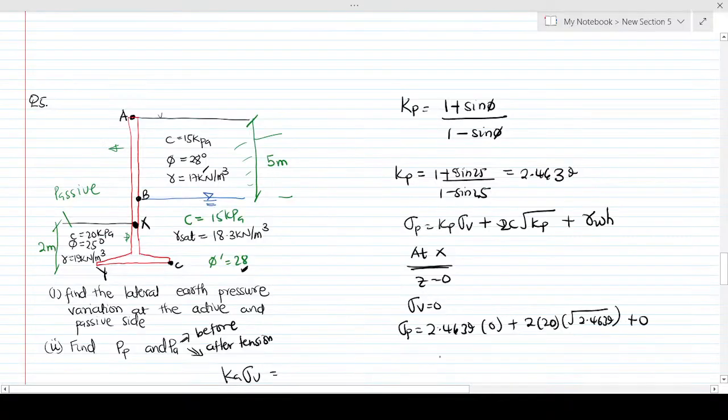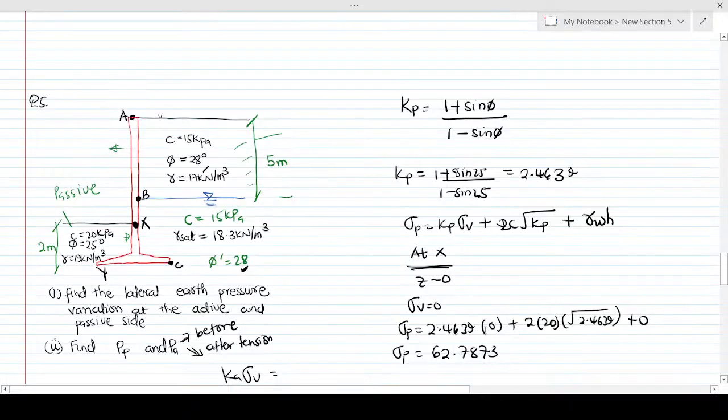There is no water, so plus 0. So you're going to get 52.7873.